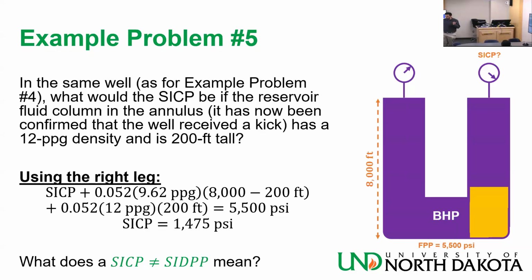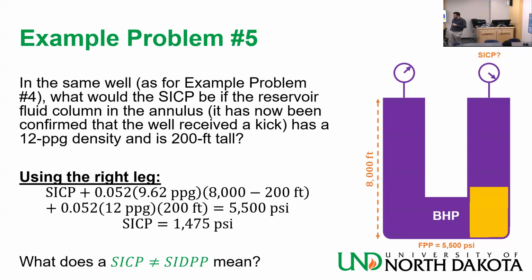So imagine if you had the wrong mud weight, it was too small, but you didn't have a kick. How would that look when you shut the well? You didn't take a kick, but you have the wrong mud weight. Will it be positive or zero, the SIDPP and the SICP?